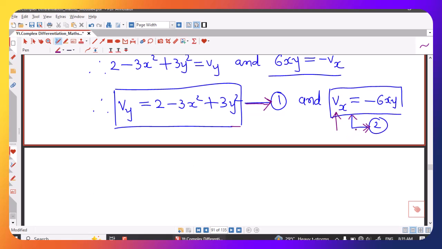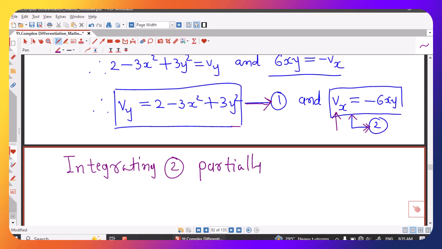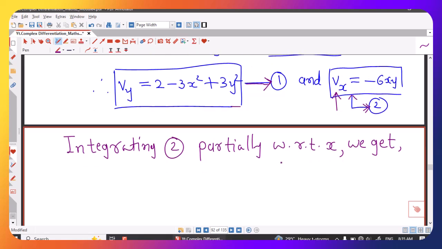Suppose we use equation number 2, then I have to integrate equation 2 with respect to x. Integrating 2, we can write partially also, partially with respect to x. That will make the sense clear that we consider y as constant.